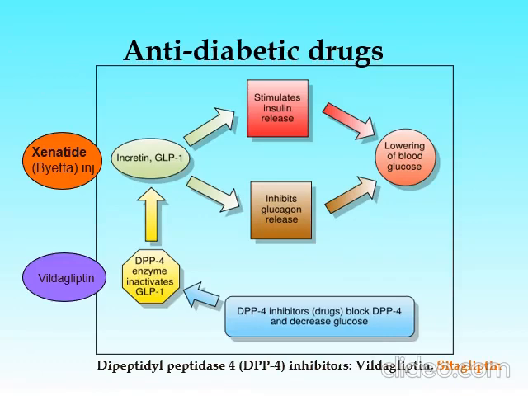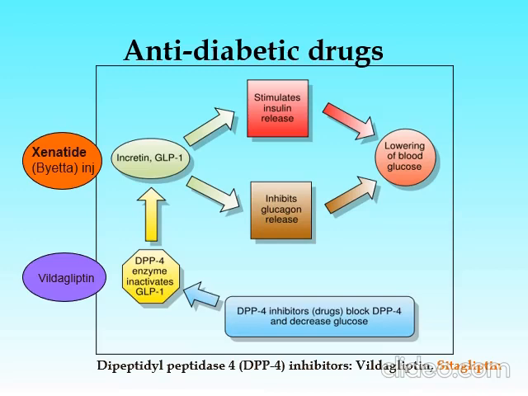The fifth group, or the two groups linked to incretin or glucagon-like peptide hormone. We know that incretin, or glucagon-like peptide, is a hormonal peptide from the GIT that stimulates the secretion of insulin and facilitates the control of glucose level.